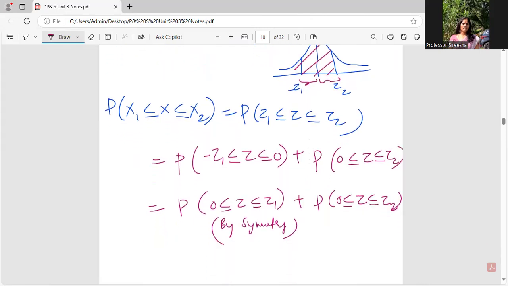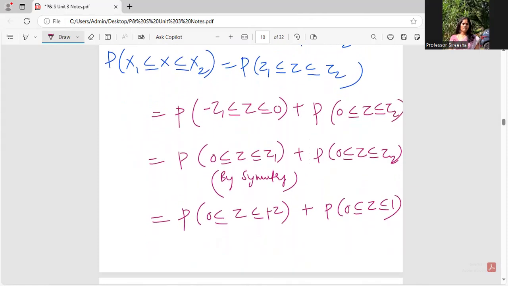What's the value of z1? I'll be writing plus 2, because from 0 to z1, whatever is the area, 0 to minus z1 also is the same area, right? So P of 0 less than or equal to z less than or equal to 1.